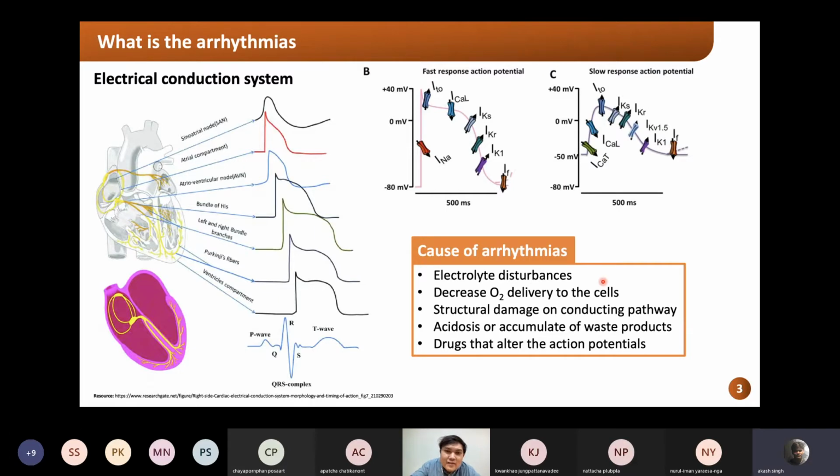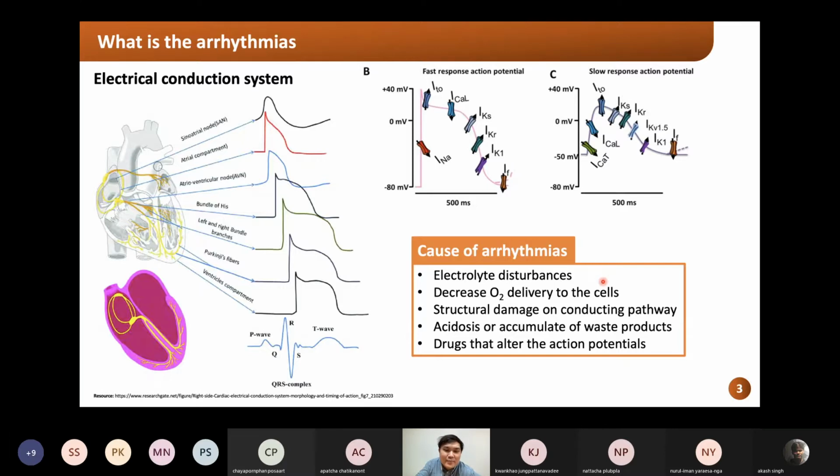In the causes of arrhythmias, as you mentioned, acidosis or accumulation of waste product can cause arrhythmias. Can you brief a little bit about this? Personally, I'm not a person who has a lot of knowledge about pharmacology.